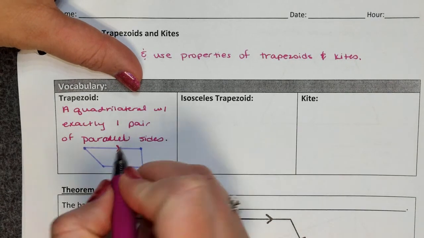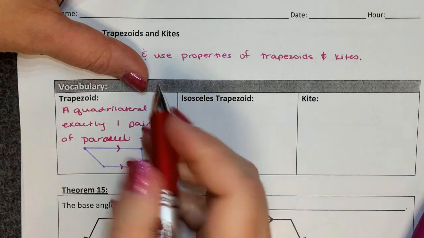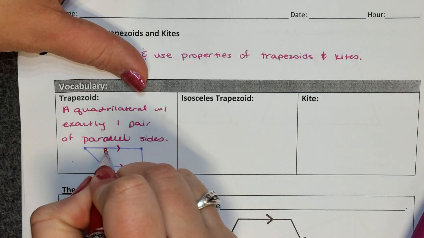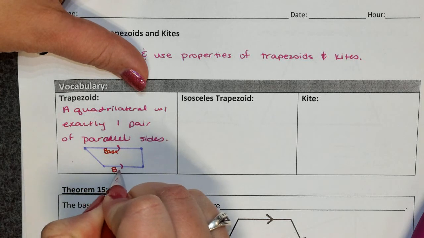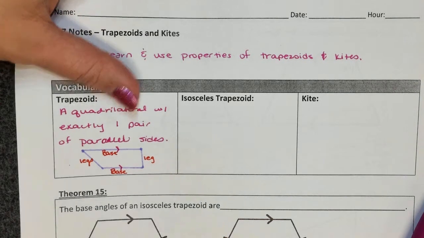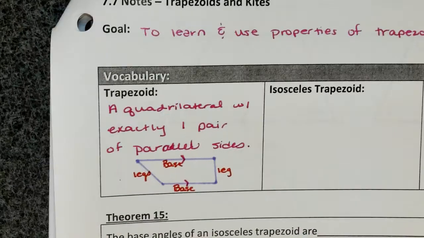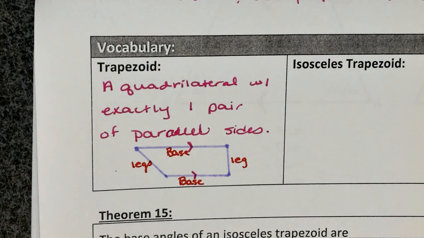We actually consider this top to be a base, along with this bottom to be a base, and we call these sides legs. So that's some new stuff. I don't think we've labeled any of that yet. If I'm talking about a base, I'm talking about one of the parallel sides. If I'm talking about the leg, I'm talking about the sides that connect to the parallel sides.